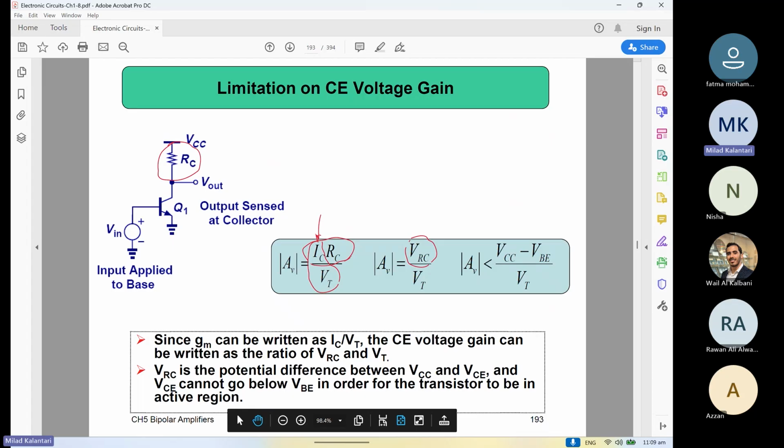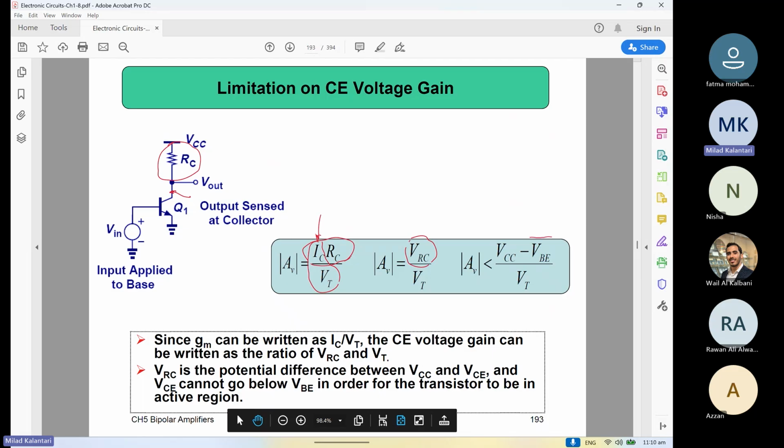Can this DC voltage be infinity? There is always a limit, right? What is the maximum value for this DC voltage across the resistor? It is VCC, but if you want to be a little bit more accurate, this cannot go to zero, right? This voltage needs to be at least some value.